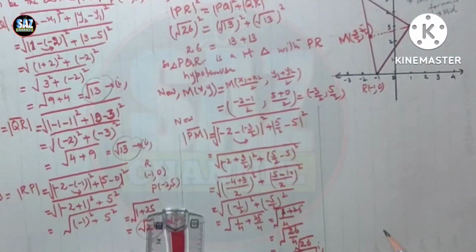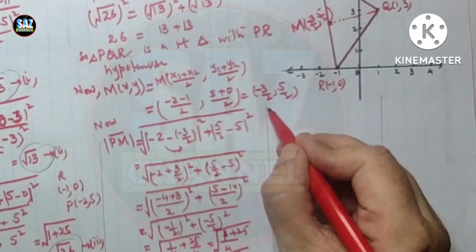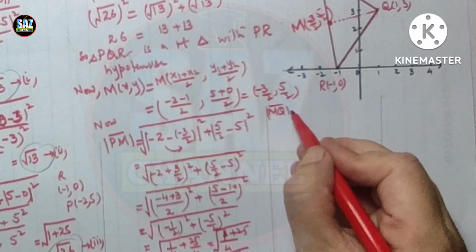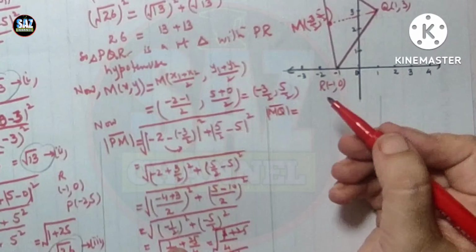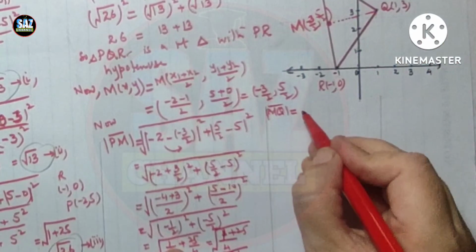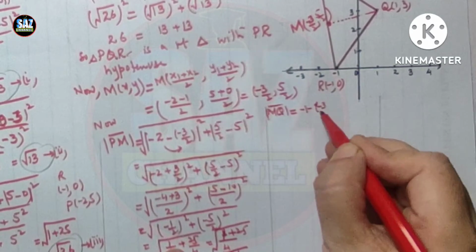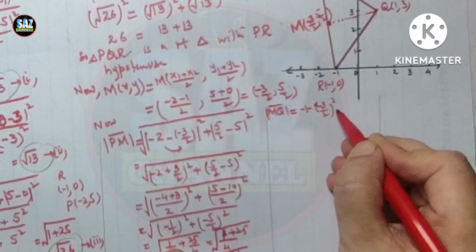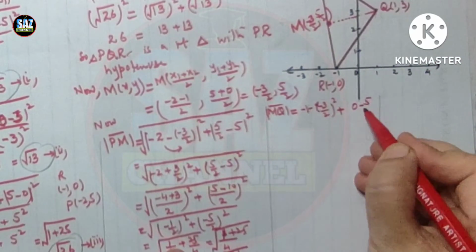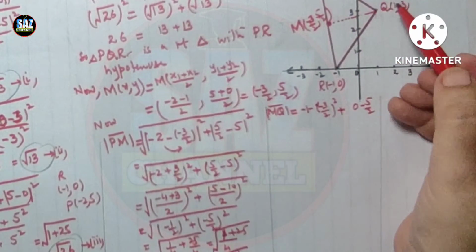The next distance is M to Q. M to Q distance will be equal to x2 minus x1, 1 minus 3 by 2 whole square plus y2 minus y1, 0 minus 5 by 2. Sorry, I am writing QM, so I have to be careful. 1 minus 3 by 2 and 3 minus 5 by 2.